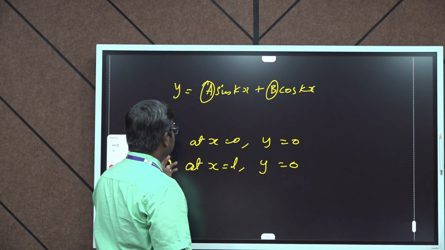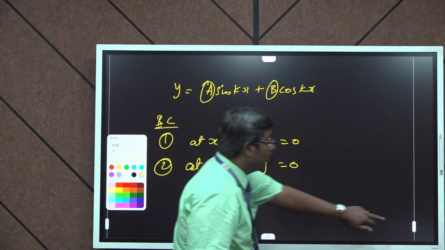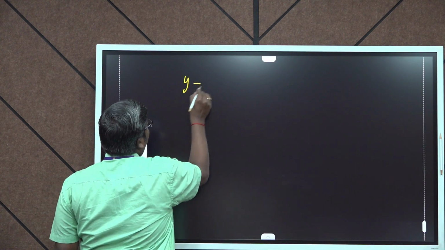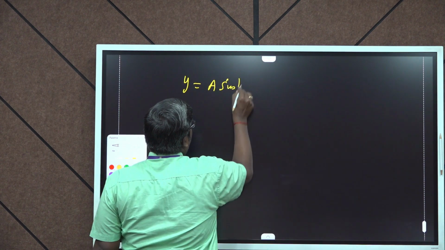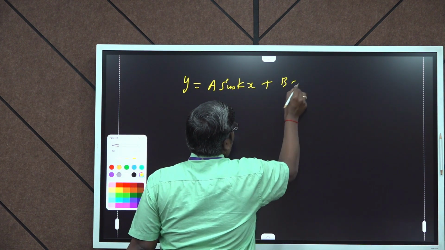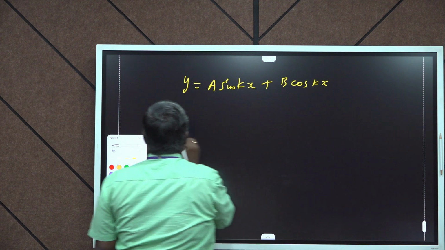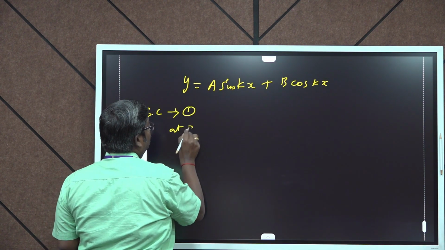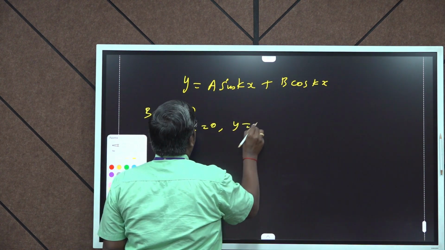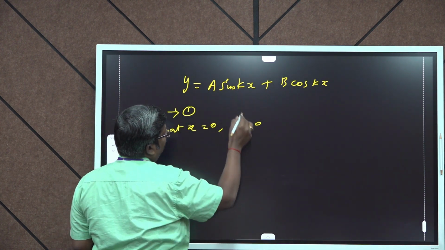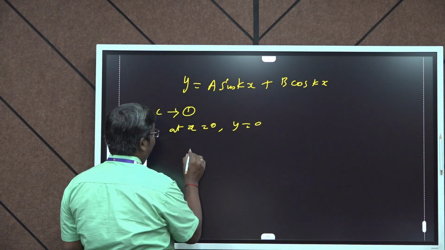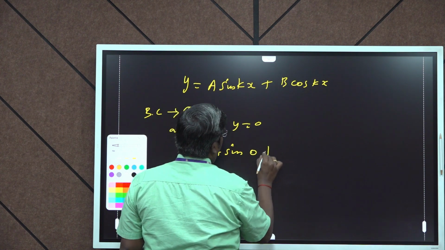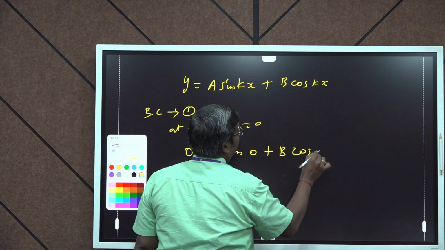Let us substitute the first boundary condition, that is at x equal to 0, y equal to 0, in the y equation, that is y equal to a sin kx plus b cos kx. Substituting x equal to 0 and y equal to 0 in the y equation, we will get 0 equal to a sin 0 plus b cos 0.